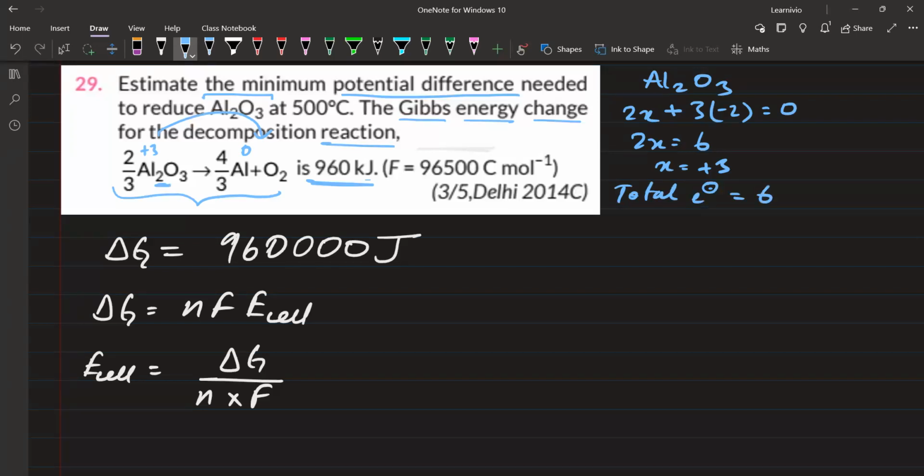Total electrons per aluminium oxide is equal to 6. How many aluminium oxide do we have? 2 by 3 moles. So we need 6 electrons per mole of aluminium oxide. For 2 by 3 Al2O3, we will need 2 by 3 into 6, which is equal to 4 electrons.